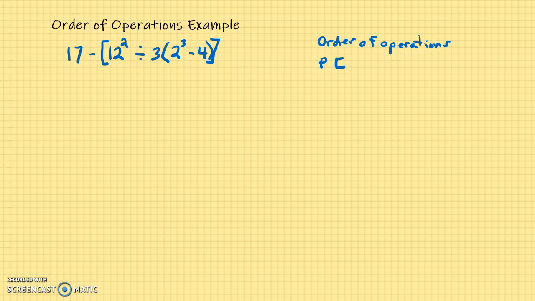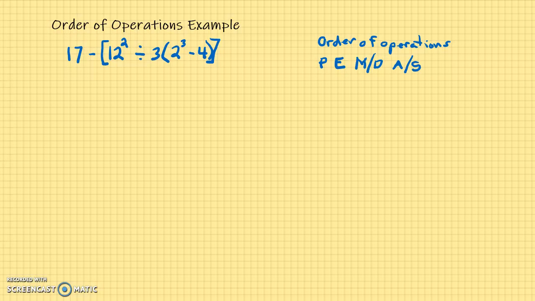Next, you look for any exponents. Already you can see a couple right here. There's an exponent of 3 and an exponent of 2. Next is multiply and divide, and we're going to do that from left to right, and this example will show that really well. And then after multiplying and dividing from left to right, we add and subtract from left to right.